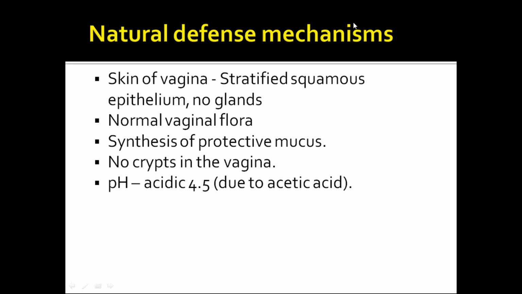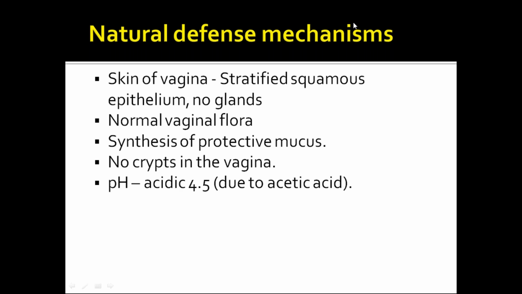The vagina is under the influence of the dominant hormone, estrogen. What does it do? The superficial squamous cells in the vagina, under the influence of estrogen, will convert the glycogen. The glycogen is liberated from the desquamated epithelial cells.